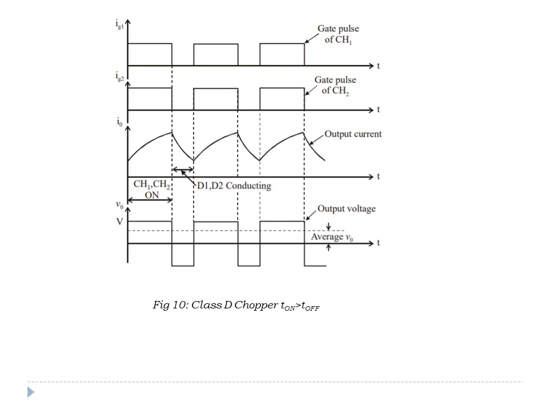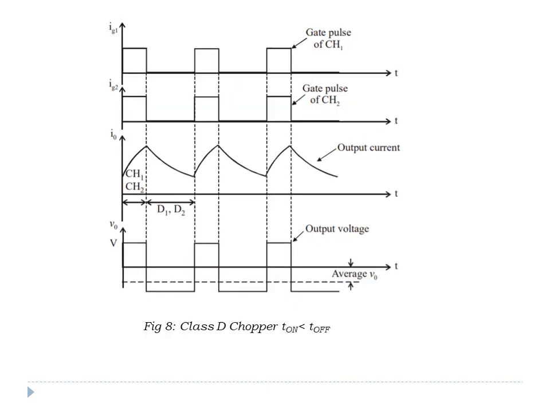In fact, they have the same trigger input, gate current. So during this time, since on time is greater than off time, the output voltage positive half is more than the negative half. So the output average voltage is positive in this case.